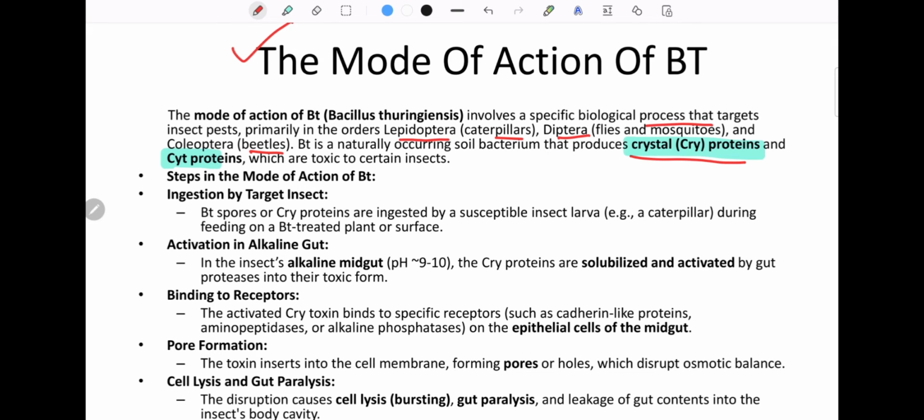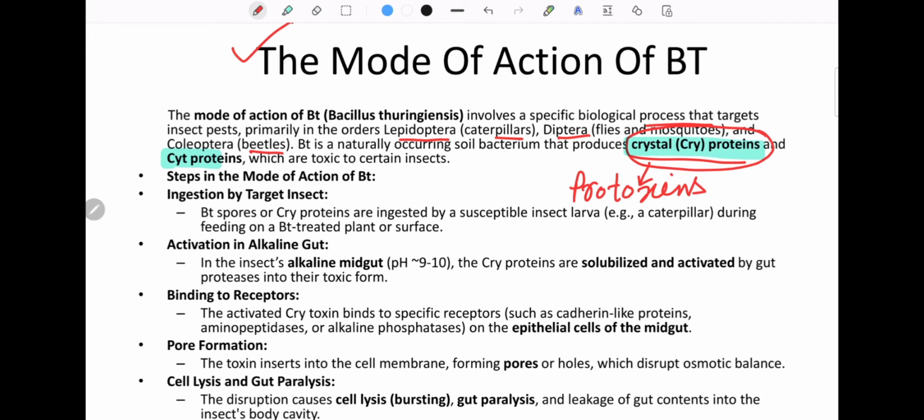Now the question is, why do these toxins not kill the Bacillus? Because Bacillus thuringiensis is a bacterium, and it is also producing this toxic substance, the crystal Cry proteins. So why are they not getting killed by this toxic substance? Because Bt toxin protein exists as inactive protoxins.